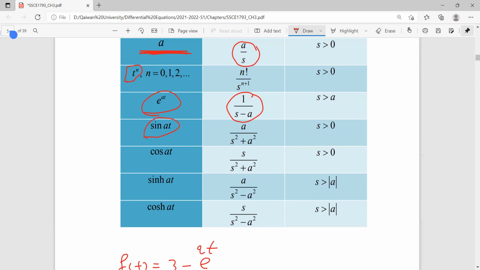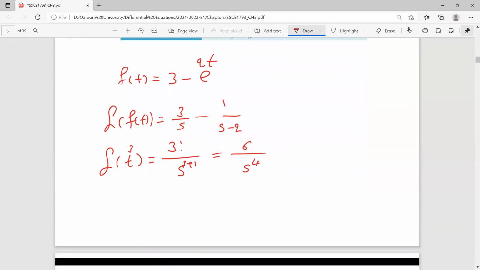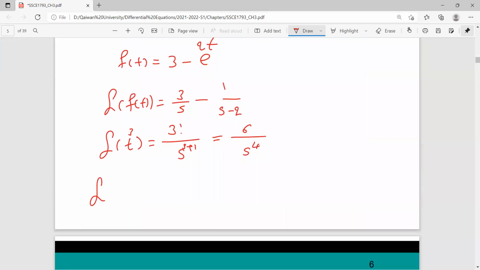Sine at: if we have sine at, the Laplace transform of sine at is a over s squared plus a squared. Let's take an example. The Laplace transform of sine 3t equals what? A is 3 here. Recognize a.